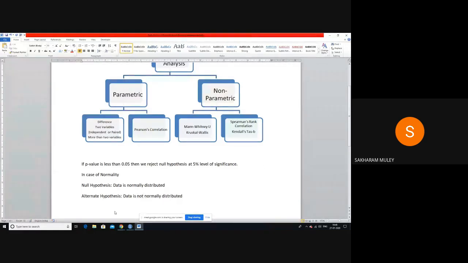Okay, so there are different formats of this hypothesis. The wording may be different, but the basic wording for this hypothesis is like this.